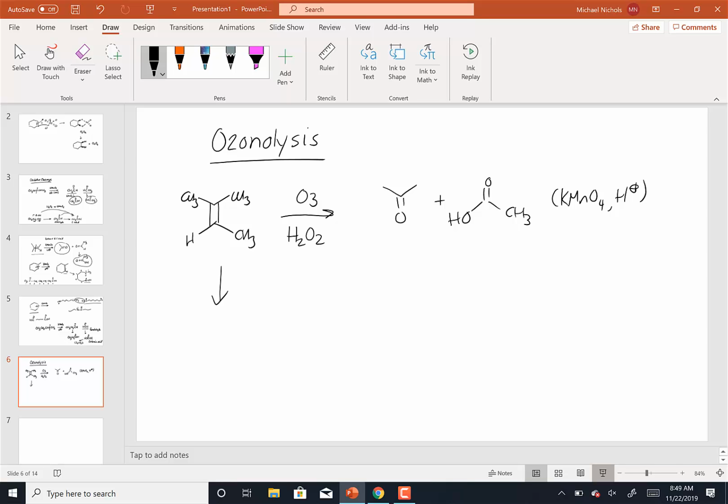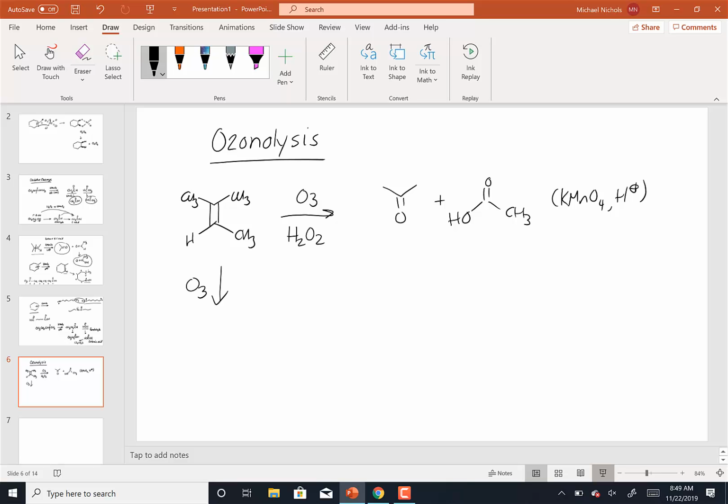So if I use ozonolysis and hydrogen peroxide, remember aldehydes will react with hydrogen peroxide just like KMnO4, and they'll be converted to carboxylic acids. So if I want to do the KMnO4 reaction, I can do ozonolysis with an oxidizing reagent like H2O2. But if I want to keep the aldehyde as the aldehyde, then I need to use a non-oxidizing pair.